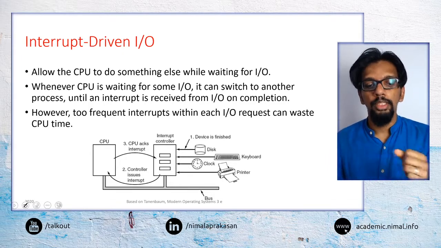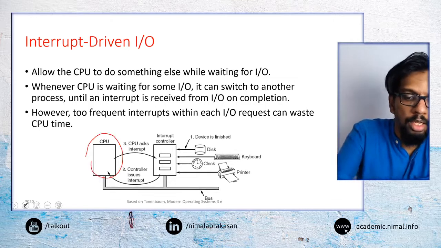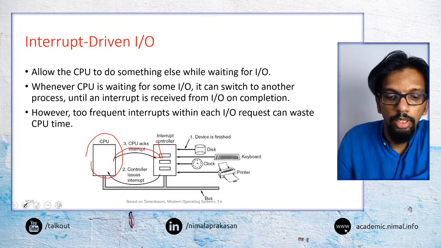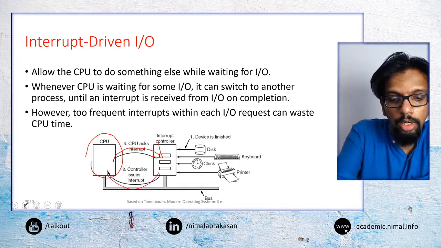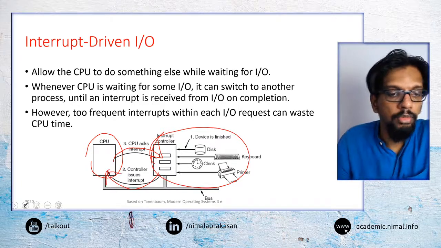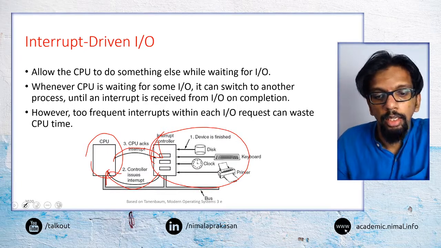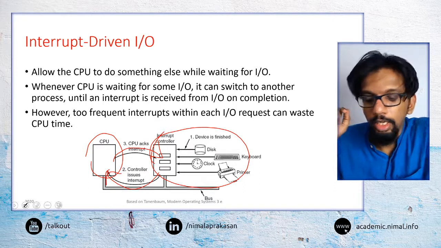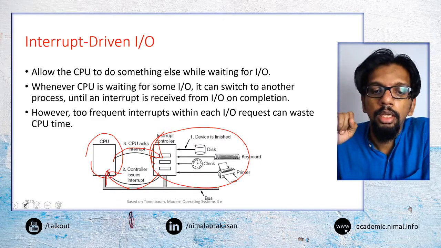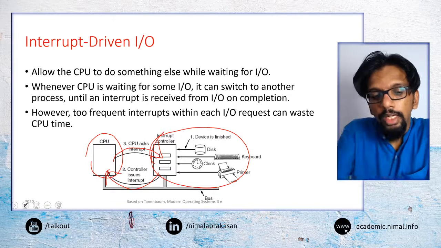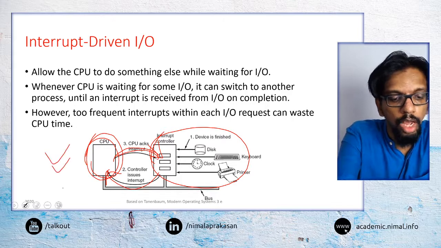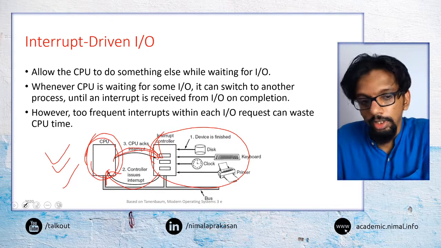But the main difference here is that the CPU can give the instruction to the interrupt controller, and then let the interrupt controller manage these tasks and only get the information back at the end. So the advantage is that the CPU can delegate this task and go execute other instructions or other processes.